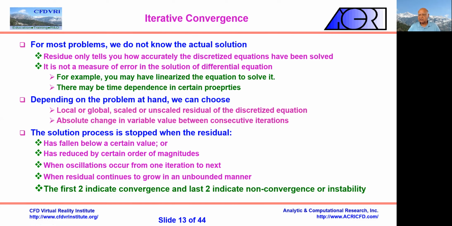There will be oscillations in the beginning, but if they stay on, then there is some problem. Similarly, there are situations where the residual continues to grow in an unbounded manner and eventually the solution will blow up, right? So the first two indicate convergence, the second two indicate you should go back to the board. They indicate non-convergence or instability; look at what is going wrong and why, and come up with a better approach.